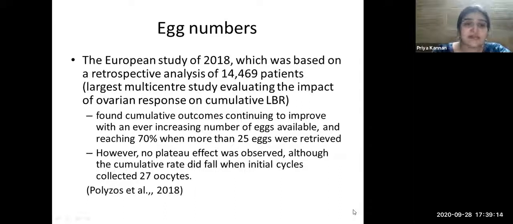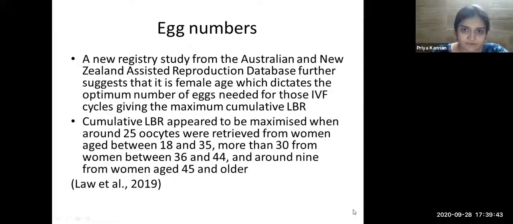It found that the cumulative outcomes continue to improve with an ever increasing number of eggs available, reaching about even 70% when more than 25 eggs were retrieved. However, no plateau was observed, although the cumulative rate did fall when initial cycles collected more than 27 oocytes. So around 25 could be our cutoff to know that it's an optimal number.